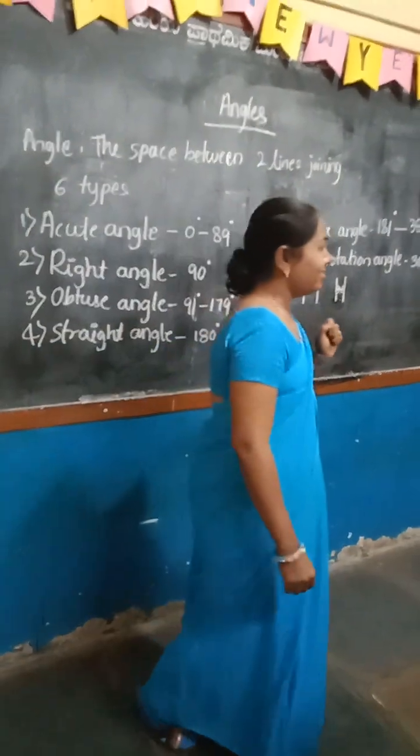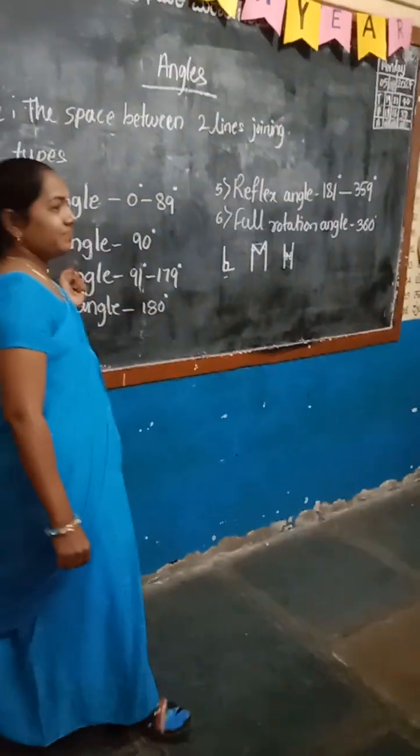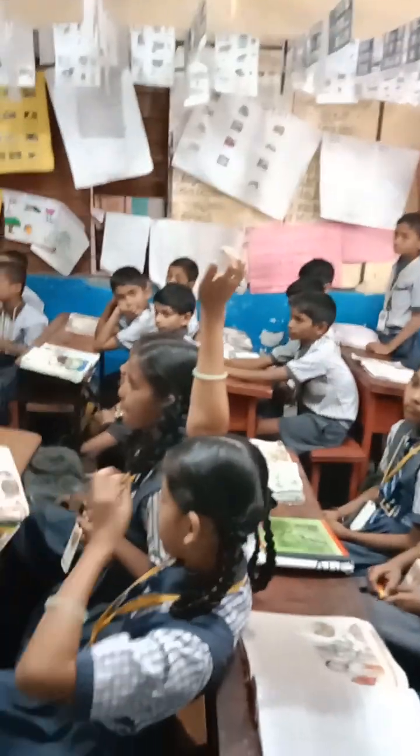Is it 90 degrees? So 90 degrees means which type? Right angle. A right angle measures 90 degrees. Sit down. Any doubts here?